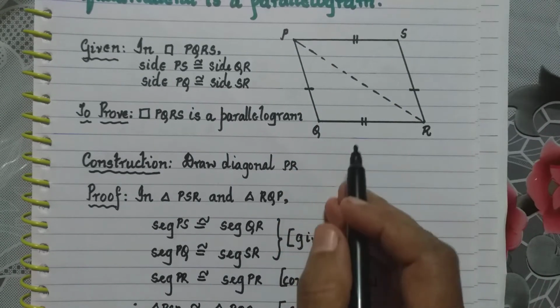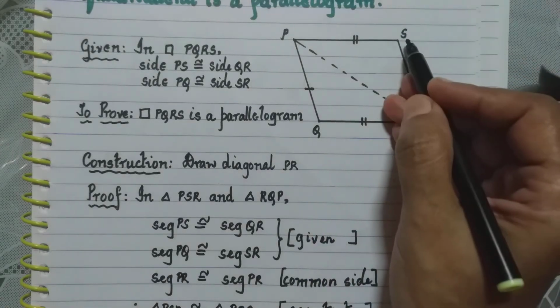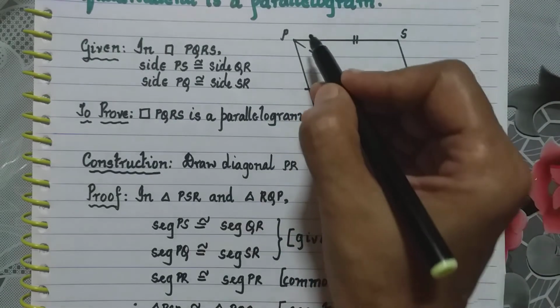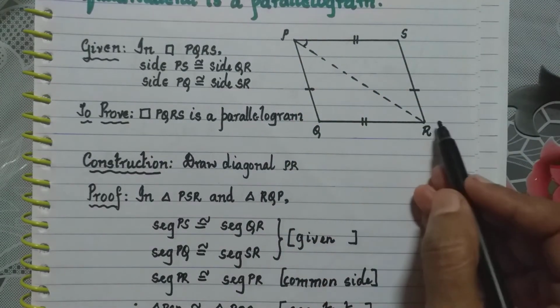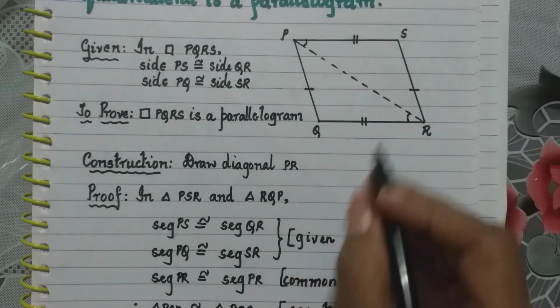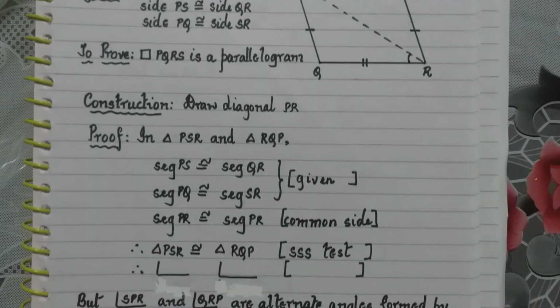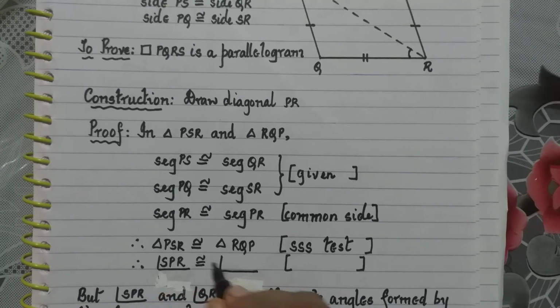Okay, once we say that these two triangles are congruent, now we look at the figure and see which pair of angles also are congruent. That means, we have here angle SPR, we can mark this, angle SPR and angle QRP. So we write here angle SPR is congruent to angle QRP.